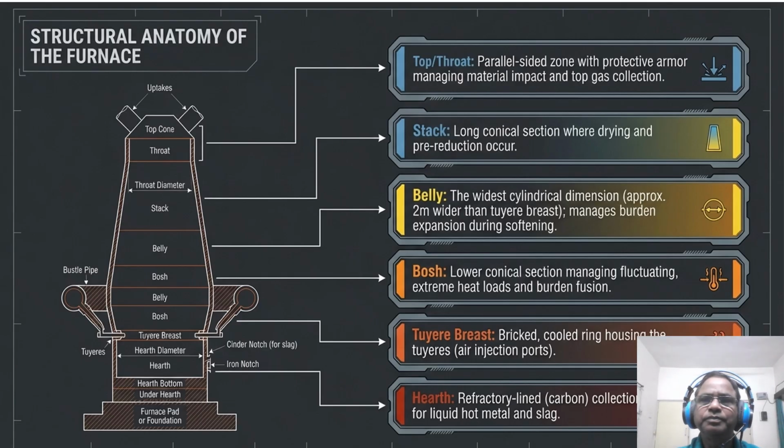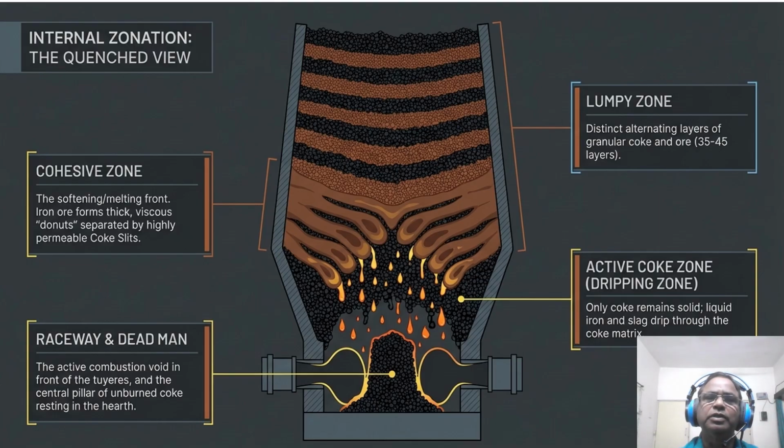Now coming to our next slide, which is about the internal zonal movements inside the furnace. As you can see, inside the shell we see distinct zones: the lumpy zone for the pre-reduction, the cohesive zone where the iron ore forms viscous donuts, and the active coke zone where liquids drip through a solid coke matrix towards the raceway.